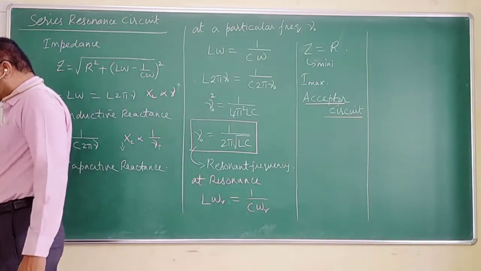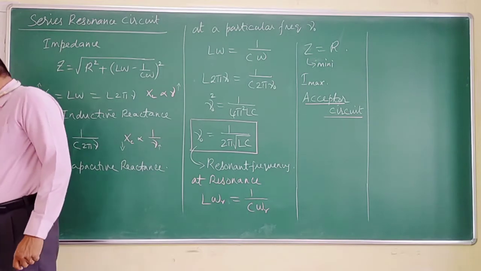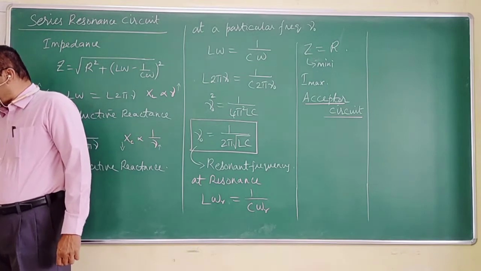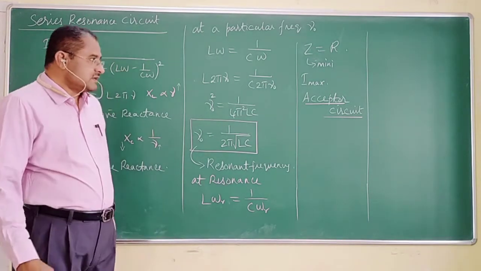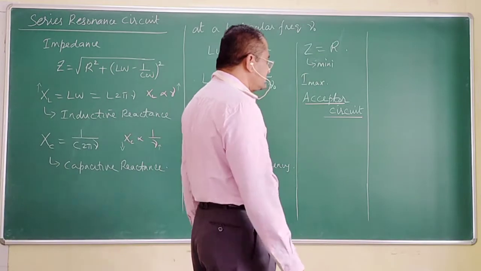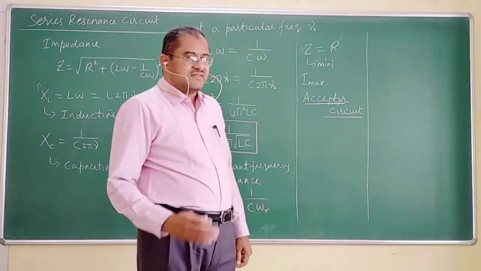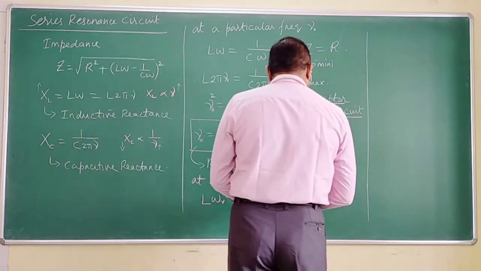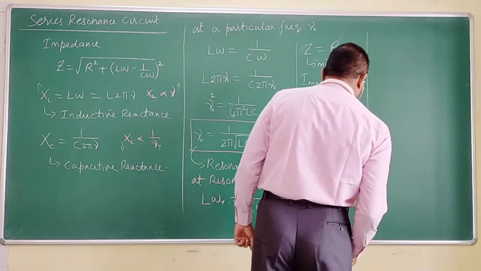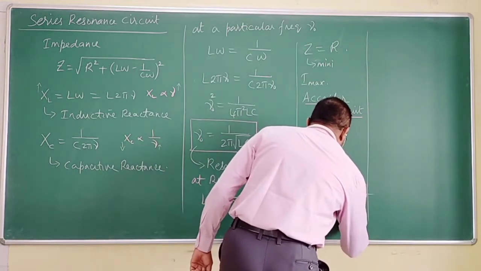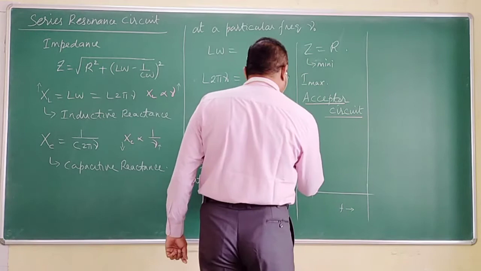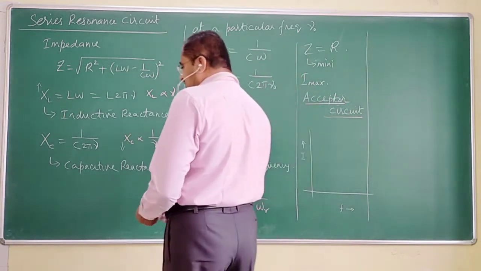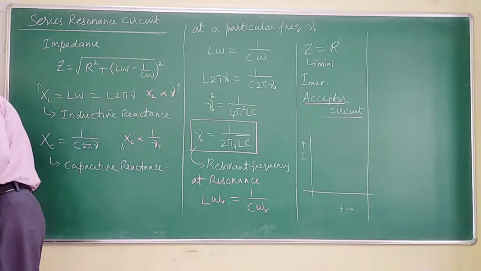Now we need to see how this LCR circuit behaves when frequencies vary. To understand the behavior of an LCR circuit when frequencies vary, we can draw a graph taking frequency along the x-axis and the corresponding current in the circuit along the y-axis.